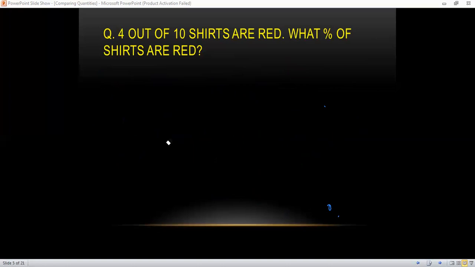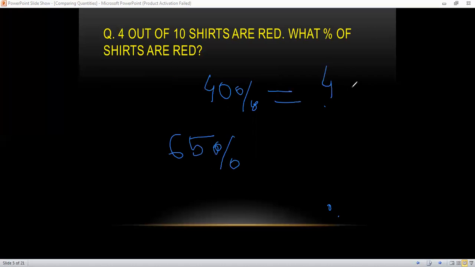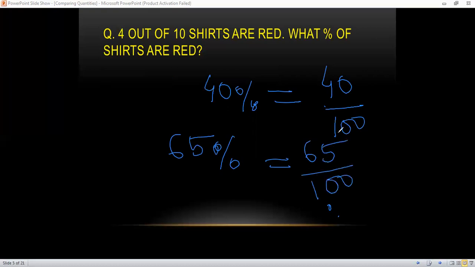Suppose I write 40% or 50% or 65%, that means it is written in fraction. 40% is 40 by 100, and 65% means 65 upon 100. So percent is always in fraction.